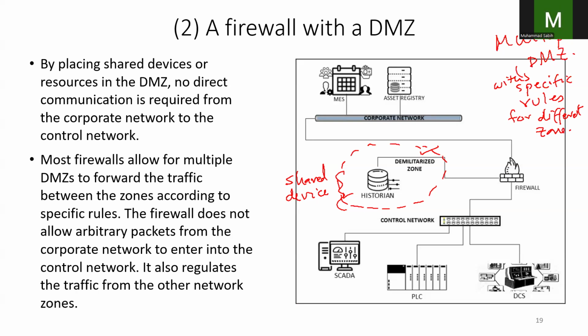Importantly, the firewall blocks random packets from the corporate side from reaching the control network and carefully regulates the traffic between the zones. So this is the firewall with DMZ.